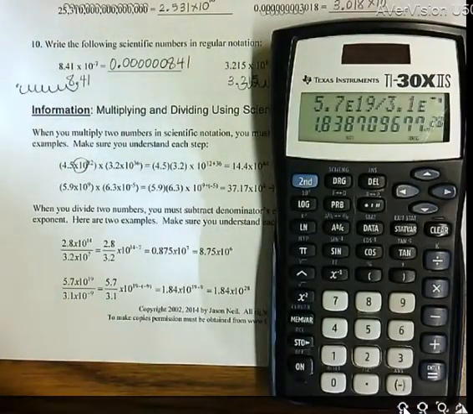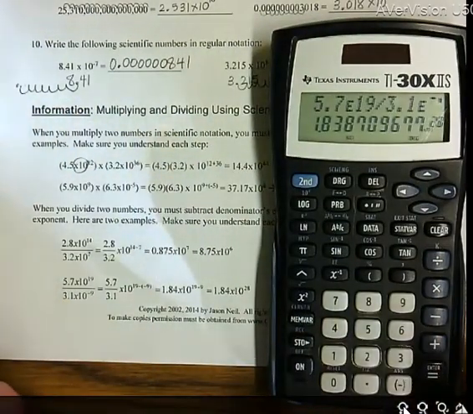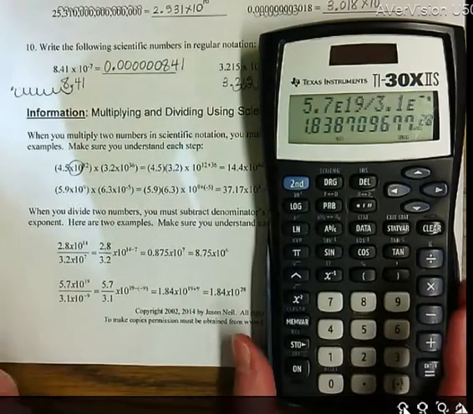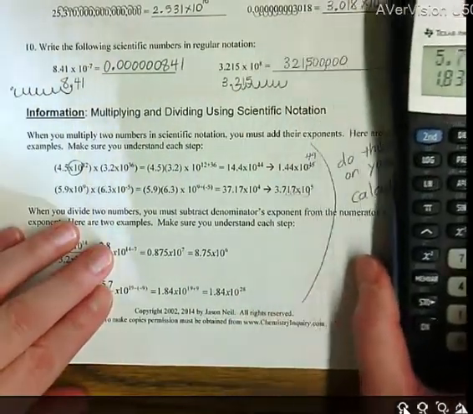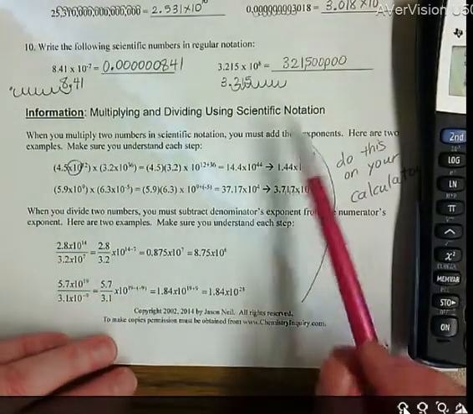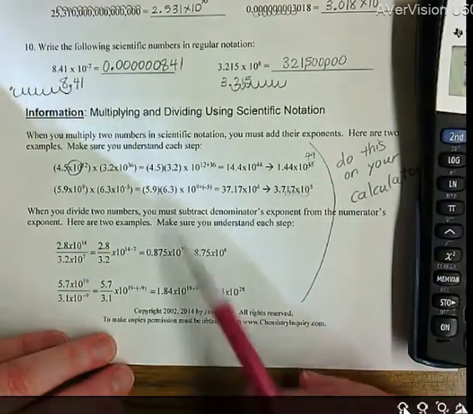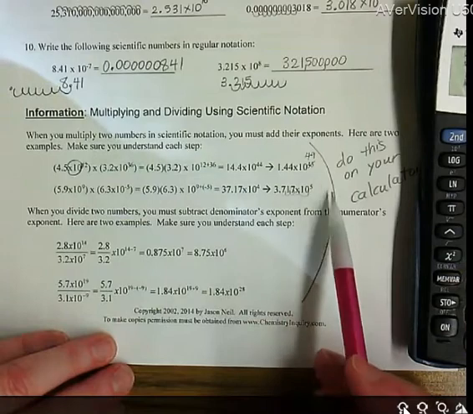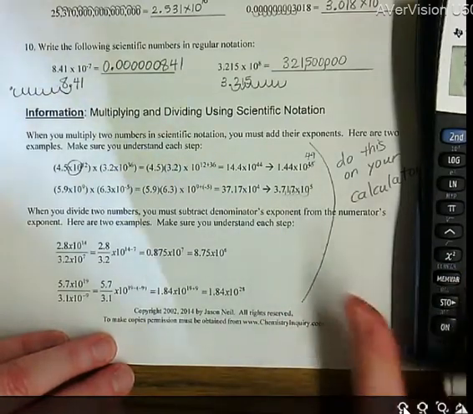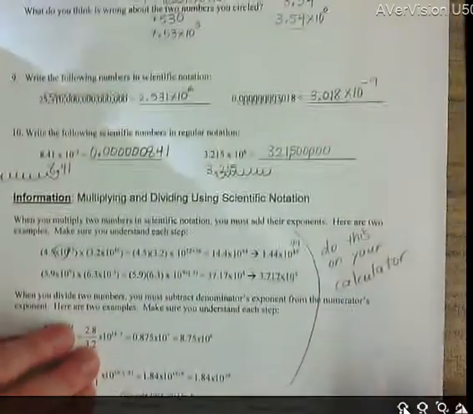And again, I get that same answer that it shows. Okay? So I don't expect you to remember how to do this, okay? What they're talking about here, I want you to be able to put those scientific notation in your calculator correctly.